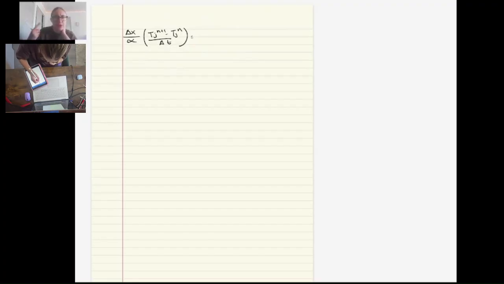We'll make that smaller. So, next thing is we have our Tj plus 1. Now these I'm going to keep as an n because this is the current time step that we're doing, right? Then minus 2 Tj n plus Tj minus 1 n over our delta x squared.